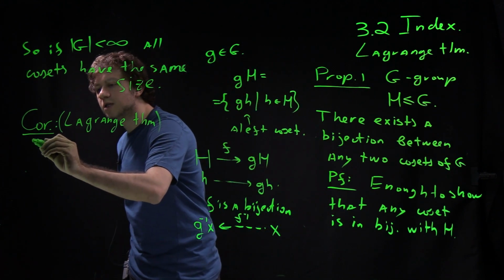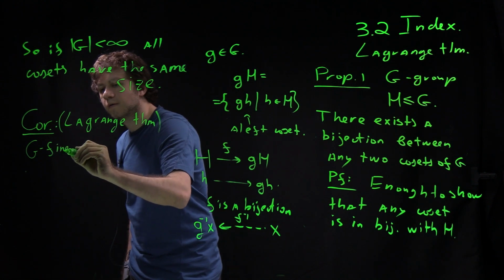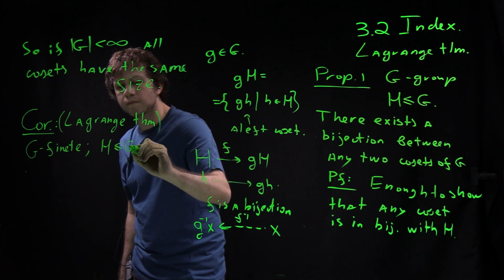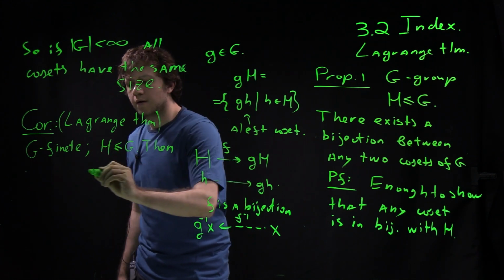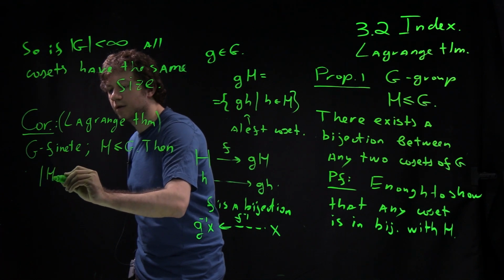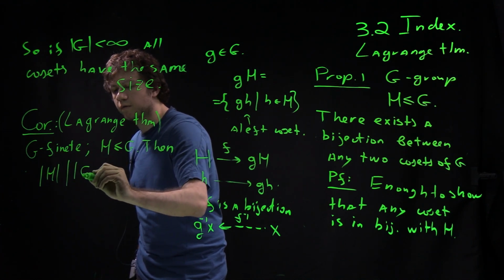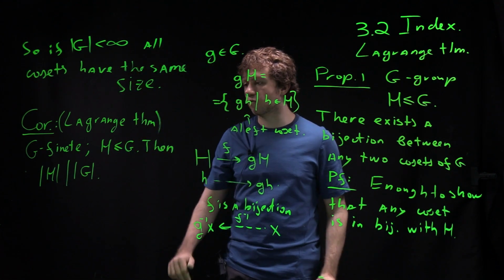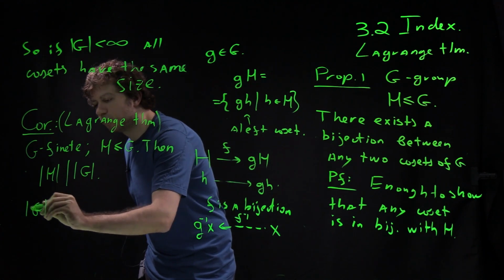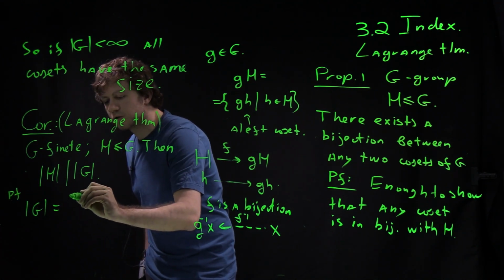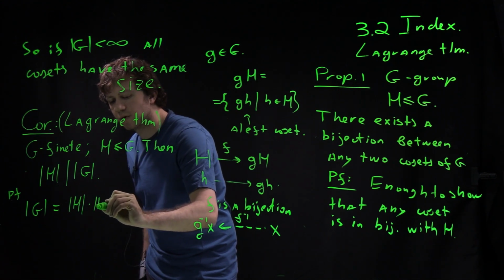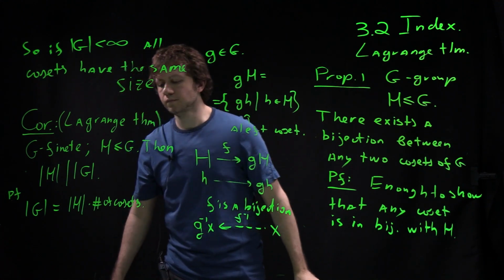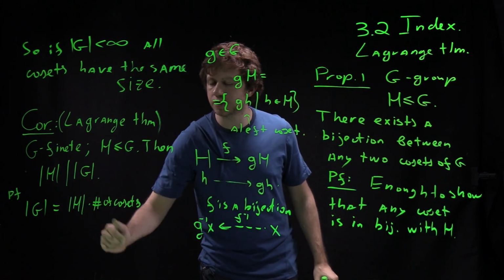The statement is that G is finite and H is a subgroup of G. Then the order of H divides the order of G. And it just follows because the proof is just: order of G equals order of H times the number of cosets.